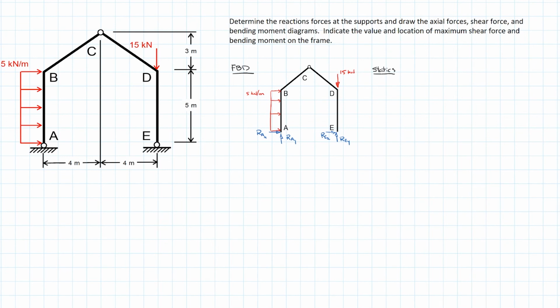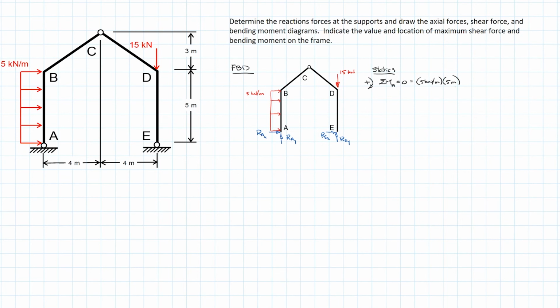Using statics, we can solve for one of the reactions if we choose a good point to do the sum of the moments about. So in this case, if I choose to do sum of the moments about A, and I will use clockwise positive, and we set that equal to 0, if we walk through this, we see that that's equal to the 5 kilonewtons per meter times its length over which it's applied times its moment arm.